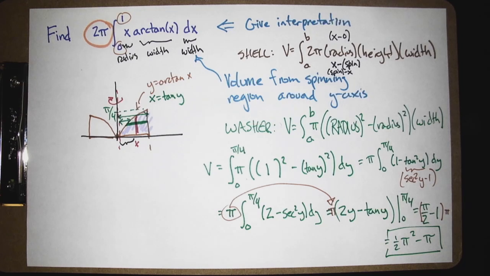I see another hand. How did you decide not to use the shell method? Well, we did use the shell method to give an interpretation. But the thing is that if we use the shell method, we have to find a way to integrate x arctangent of x. We don't have that technology, but we will. So I said, let's reinterpret it using a different method.